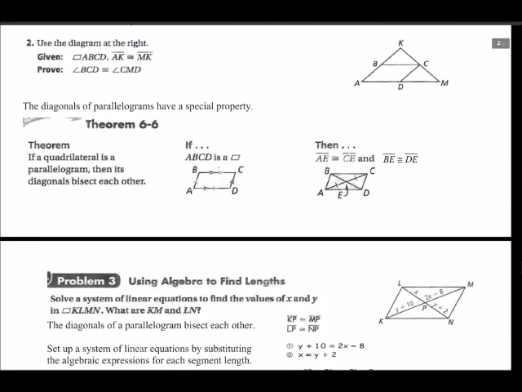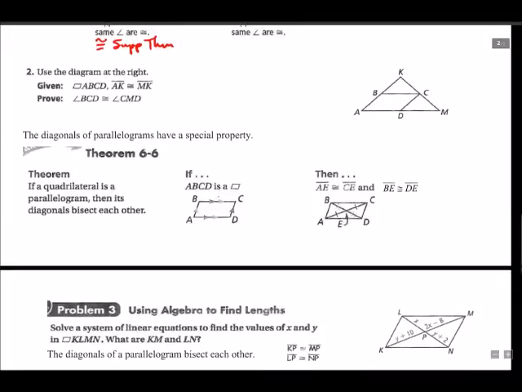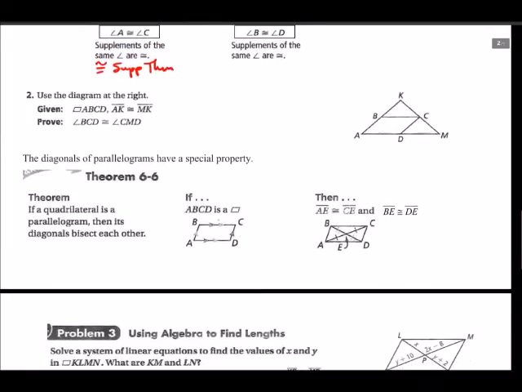All right. I'll go through this proof with you. Need a little space to draw here. We are given parallelogram ABCD, and we know that segment AK is congruent to segment MK. So I am going to draw some stuff here.